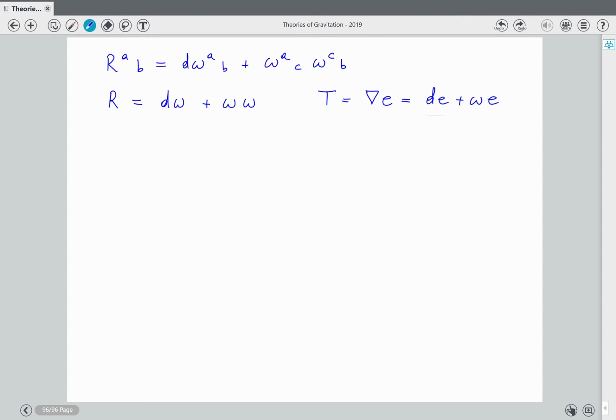Curvature and torsion are both two forms, but one has just one index and the other one has two. That's the only difference. Well, they are different objects.